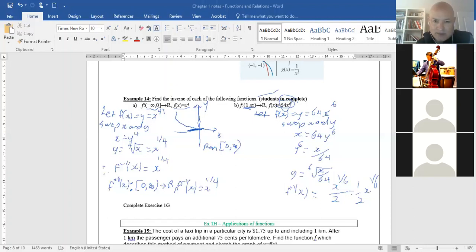Is there another way to figure out the range of the original function? Is it that you substitute the values of the domain in? Well, either you substitute values in, or you've got to know how that graph looks. Right, okay. So for example, for part B, the domain is 1 to infinity.